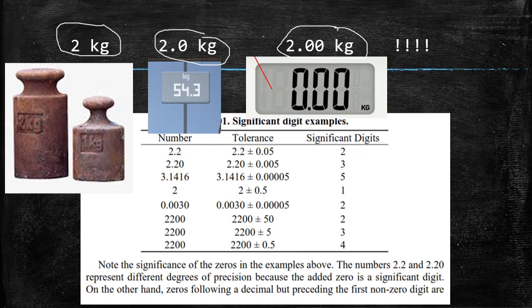So if we used scales like this, 1 kilogram, 2 kilogram, we write it down 2 kilogram. It might be 2.1, 2.2, 2.3, but we can't be sure. So in this case, the tolerance here would be plus or minus 0.5. So if we have a scale, and this scale here, what we measure, and here the 2 kilograms.